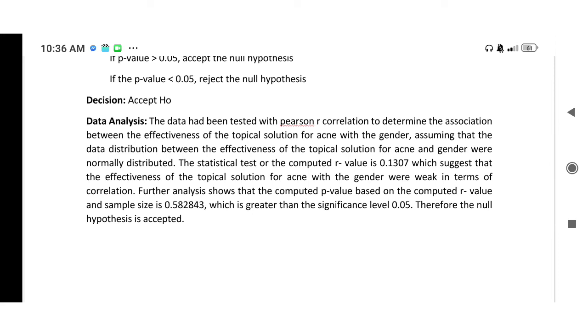Further analysis shows that the computed p-value based on the computed r value and the sample size is 0.582843, which is greater than the significance level 0.05. Therefore, the null hypothesis is accepted.